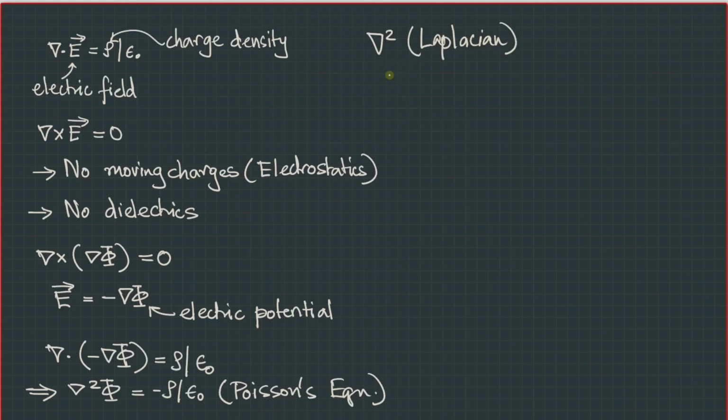and in Cartesian coordinates, the Laplacian is simply the sum of the double derivatives in the coordinates.